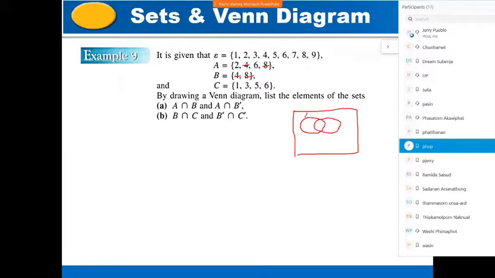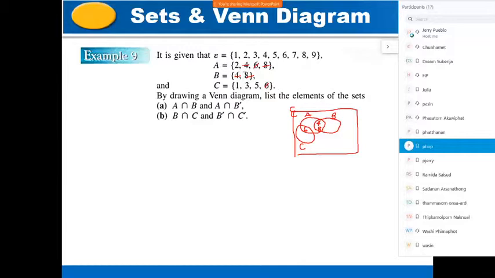Let's say this is A, and this is set B, and this is set E. You draw 4 and 8 here because they are common. And then you look at set C, which has a common element here, 6, and there's no other common, 6 only. That's why we have set C here with a common 6.